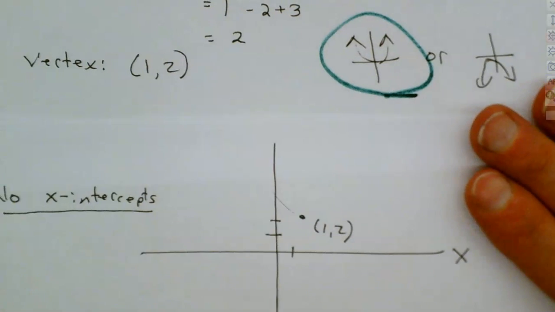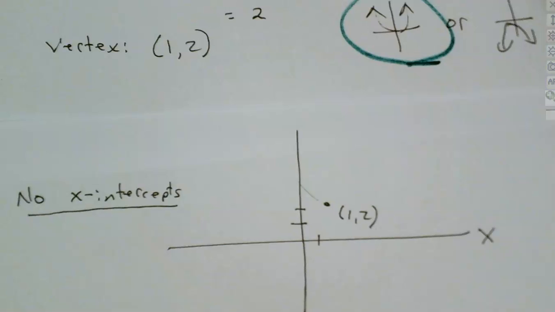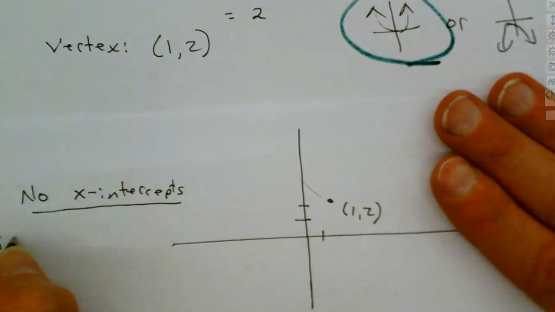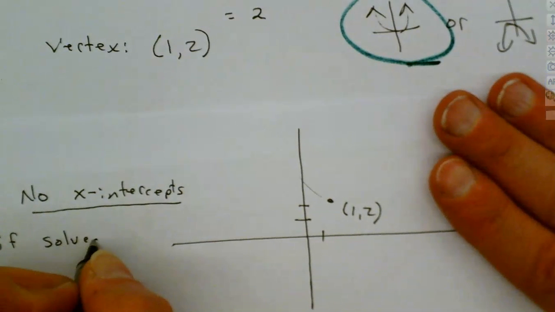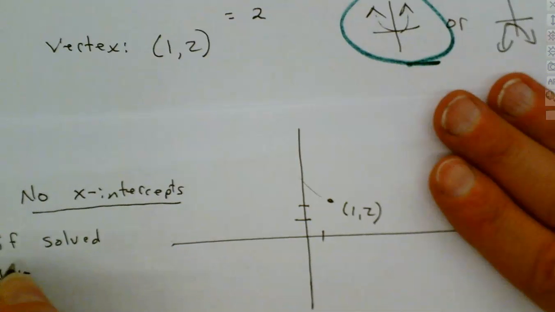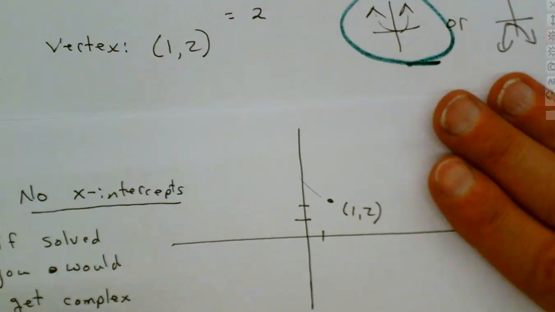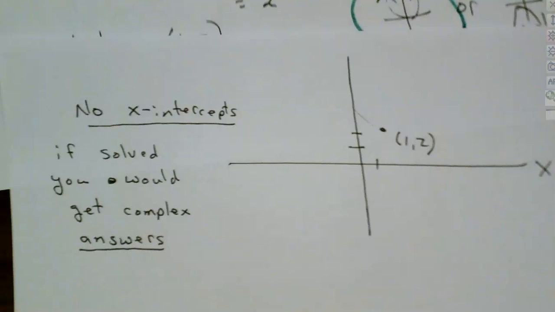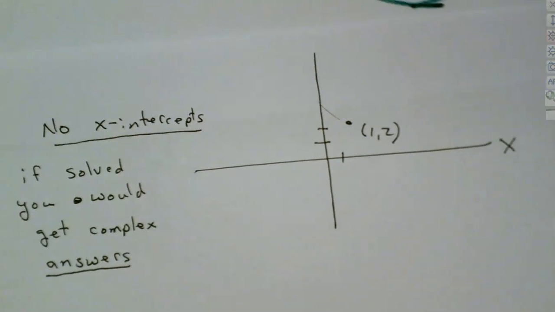And if you solved it, what you would get is you would get complex numbers. So if you went to solve this, you would have to use the quadratic formula.